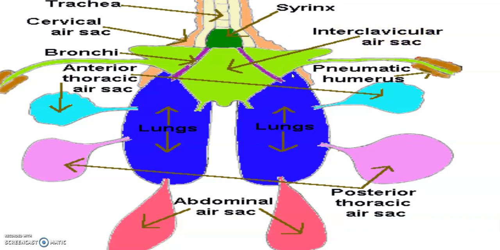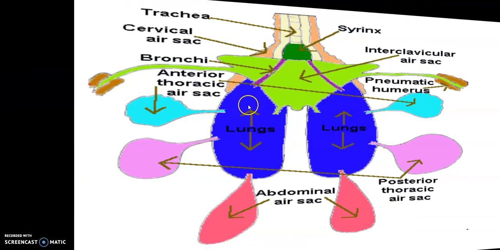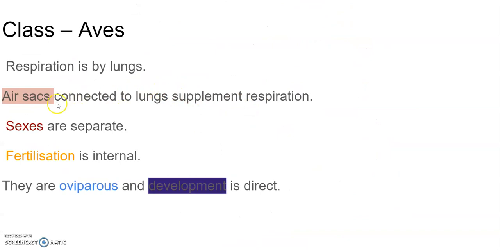Nearly nine air sacs are connected to the lungs. That is the important point: air sacs connected to lungs supplement respiration.